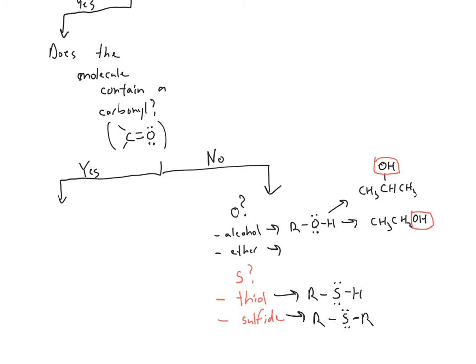So an ether is ROR. An example would be CH3OCH3. Sometimes I put the lone pairs on there and sometimes I don't. You have to assume that they're there. Lone pairs are there.